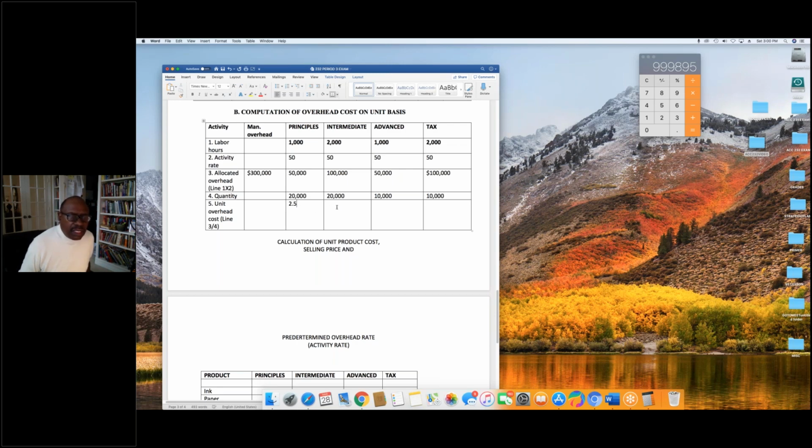We're going to do a similar thing for intermediate. 100,000 divided by 20,000, and we make that division, that's going to give us $5 per book. Next, we look at the advanced book, 50,000 divided by 10, so it also is going to be $5.